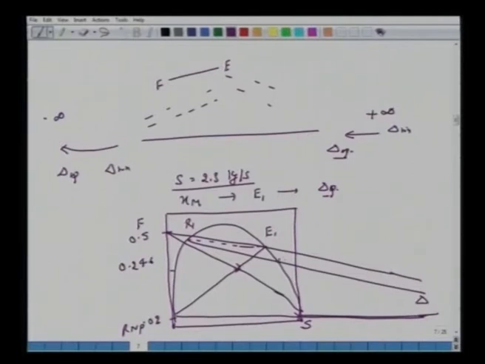So we have stage 1, stage 2, stage 3. Notice this, what we were saying, that in this peculiar system, certain tie lines at larger concentrations of raffinate are downward, and then at smaller concentrations of extract, you have these tie lines which are upward. Okay, so one has to do some introspection here.